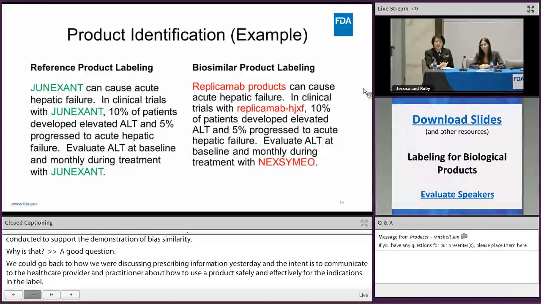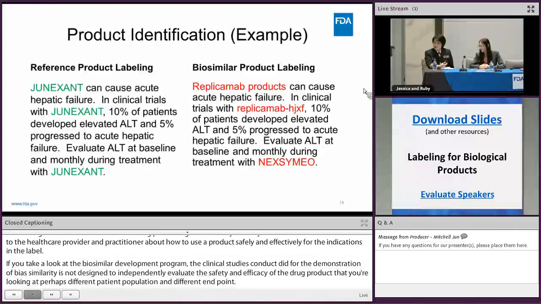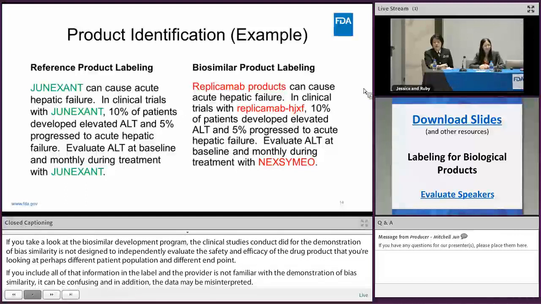And if you include all that information in the label and a provider is not familiar with the demonstration of biosimilarity, it could be confusing. In addition, the data may be misinterpreted. So the recommendation is that you include the information for the reference product, and if someone is interested in data used to support biosimilarity, the information is available on Drugs@FDA.